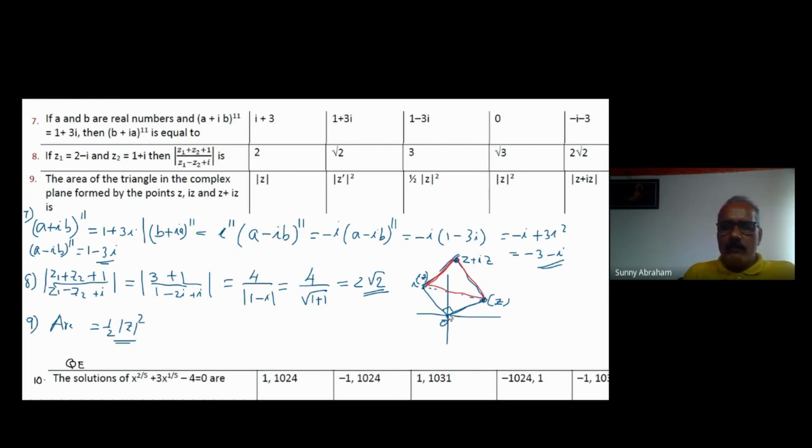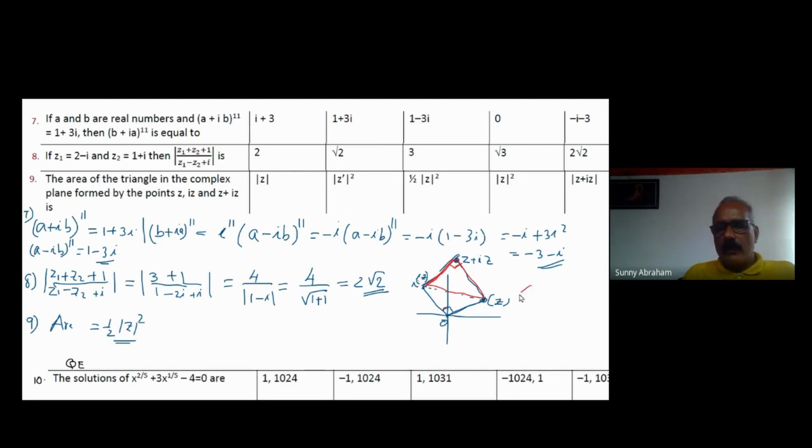You know this is a parallelogram, but what is this? This is 90 degrees, so it's a rectangle. OZ and OιZ lengths are the same, therefore it's a square. Therefore, the area of the right angle triangle whose sides are z and ιz.